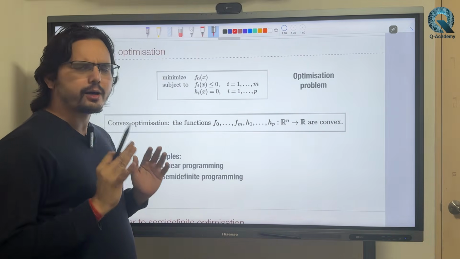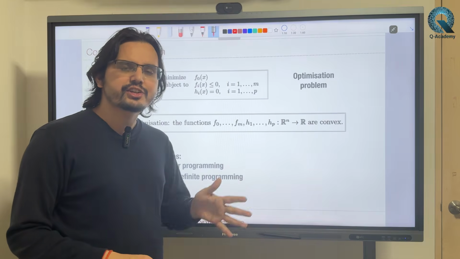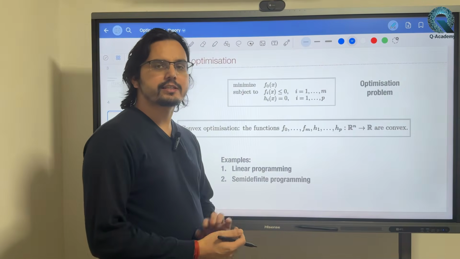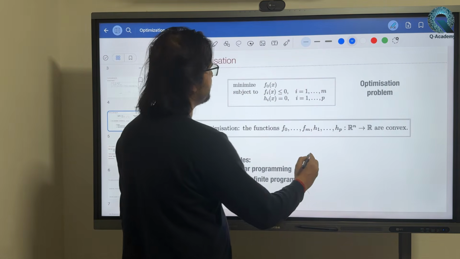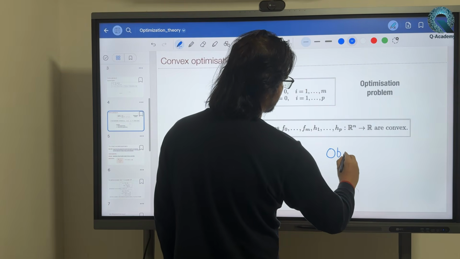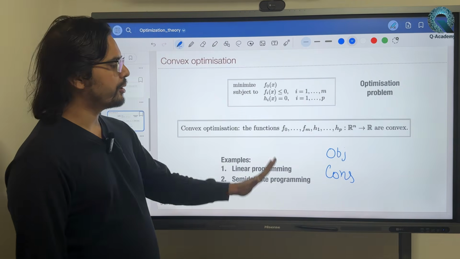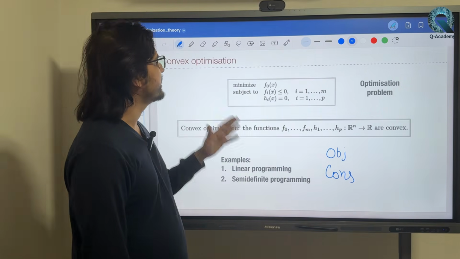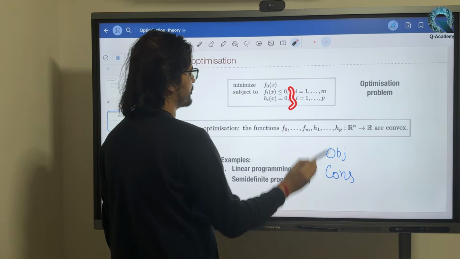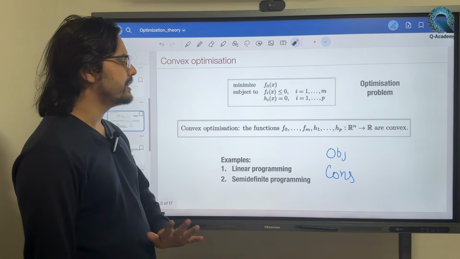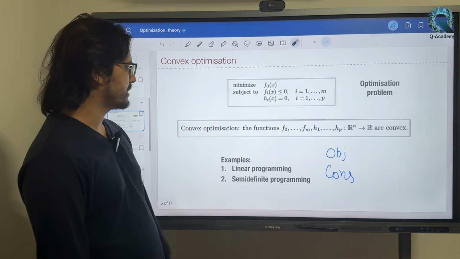In other words, an optimization problem is called convex if both the objective function and the constraint functions are convex. So this has to be convex and this has to be convex. If either of them is non-convex, then we say that the optimization problem is non-convex.